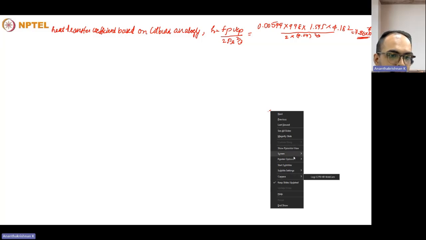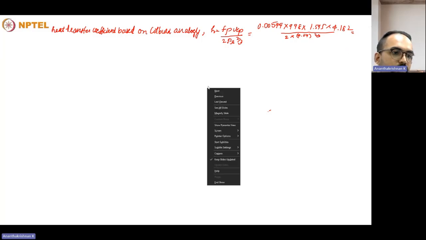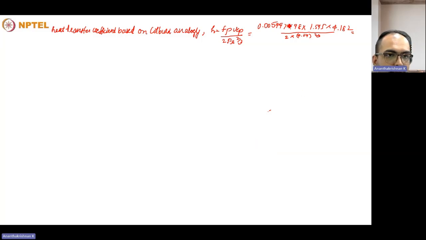That is the value of the Stanton number. So we didn't calculate the Stanton number straight away; we calculated the heat transfer coefficient straight away using the analogy. This will solve to give the value of the heat transfer coefficient. With Cp being 4.182 into 10 power 3, this will come somewhere around 5,230 watt per meter squared Kelvin.